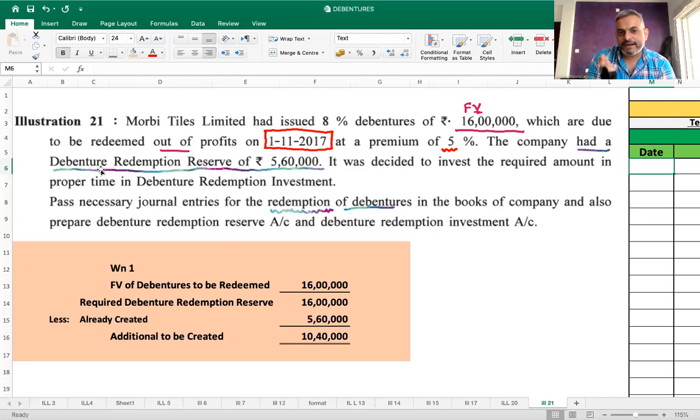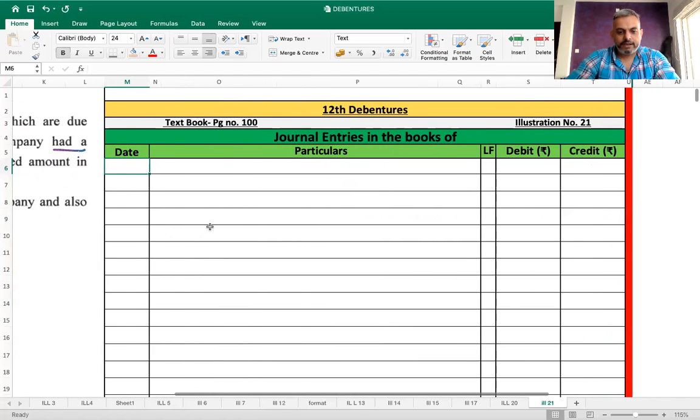So the rule is that if it is during the year, then at the end of the previous year itself, we will first create debenture redemption reserve account. So this is an important point over here. I hope you understood the logic behind it, because during the year on 1/11 I don't know whether I'll be making profit or loss. Okay, so we have to create this debenture redemption reserve on 31/3/2017.